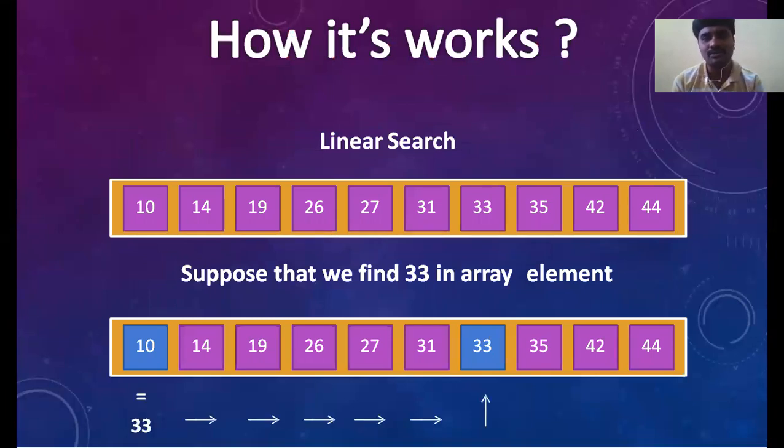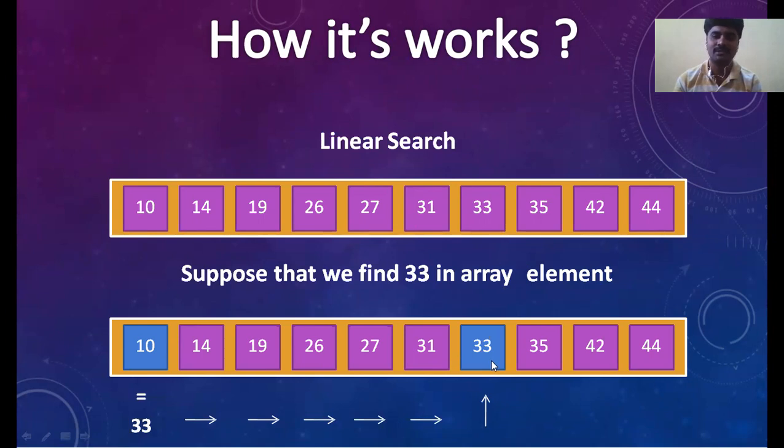Now let's see how linear search works. We have different integers. Suppose we want to find 33 in the array of elements. How can we find 33? Here, starting from the initial stage, it is 10, 14, 19, 26, 27, 33.